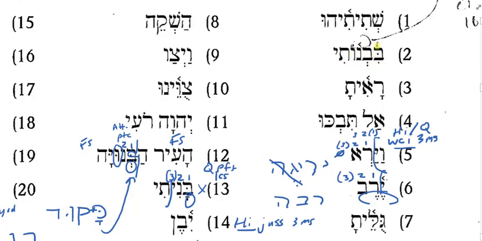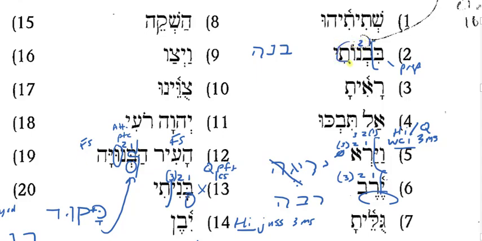So, what do you think you've got going on here? Okay, this looks like this could be bana. And if it is, why do I have 2 bets? This first one could be a preposition. And then bana, roots 1 and 2.